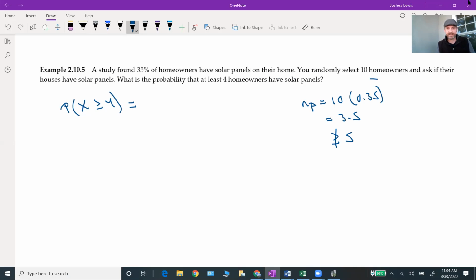That doesn't mean this can't be solved. Remember, the normal approximation is used to approximate a probability distribution that we know quite well. But in this case, I can't use the approximation. I have to use binomial. And so keep in mind how we find those greater than or equal to's. We use the notion of the complement.